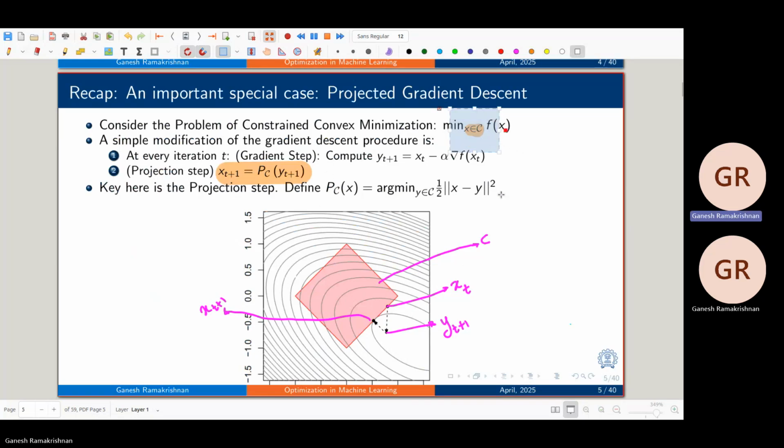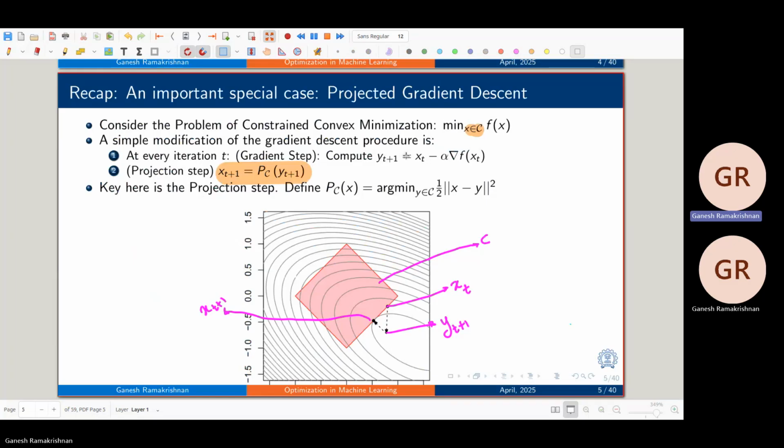So in the case of projected gradient descent, you're basically trying to solve min over x of f of x plus the indicator function with respect to the constraint C. The idea here is, like you do in generalized gradient descent, you find the unconstrained descent step and then you subsequently apply the indicator of C. But what does application of the indicator of C mean here?